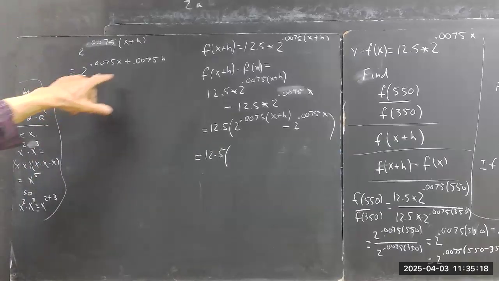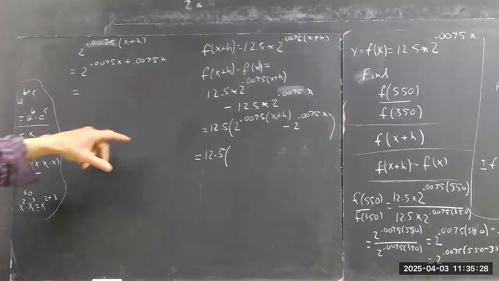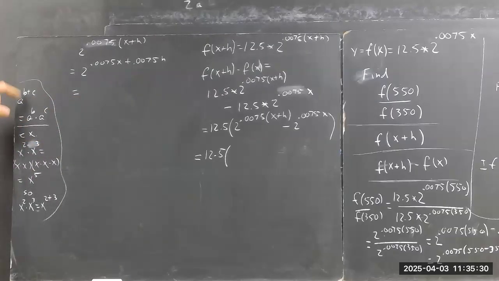Well, actually, could you write down what that would be in terms of this rule? I'm going to give you 1 minute. See if you can write down, don't copy the rest of the board. Just stop right here, write this expression down and write what it's equal to according to this rule of exponents.